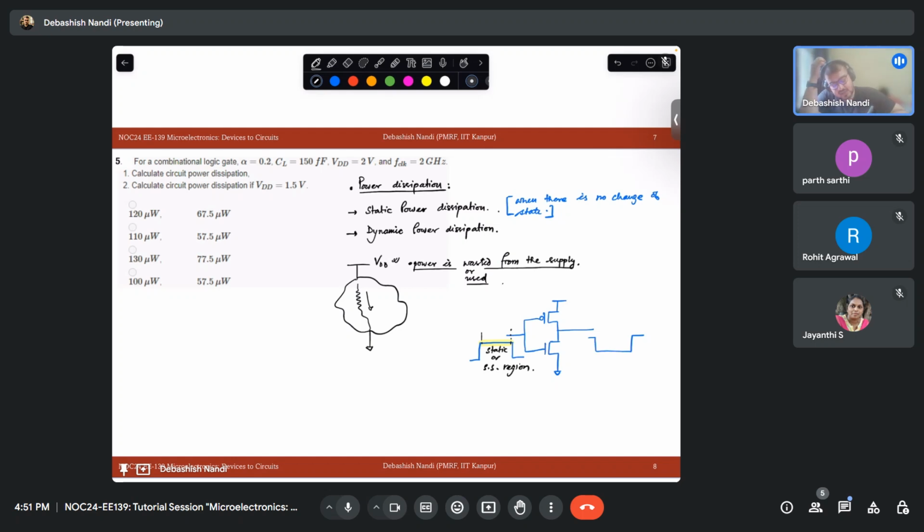So let's say this is your 1, right? That means your NMOS is on and PMOS is off. So what will happen basically? There is an off resistance connected here and an on resistance connected here.